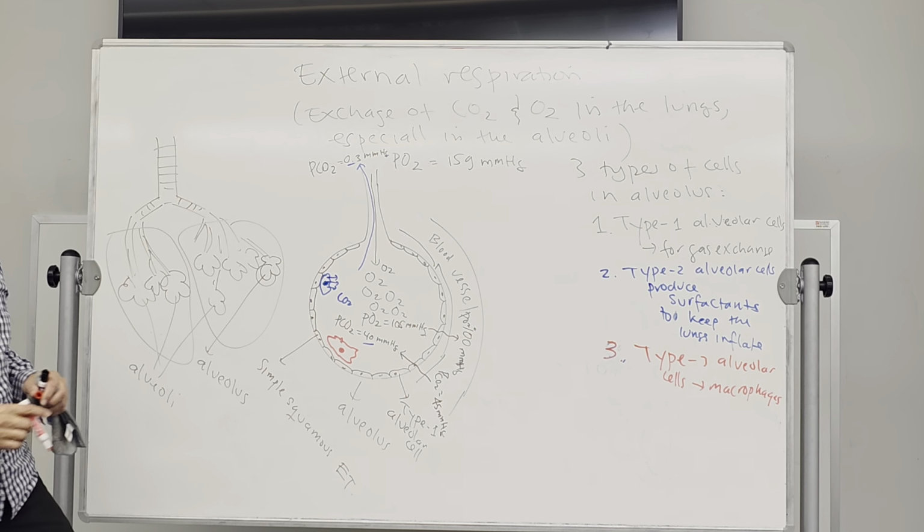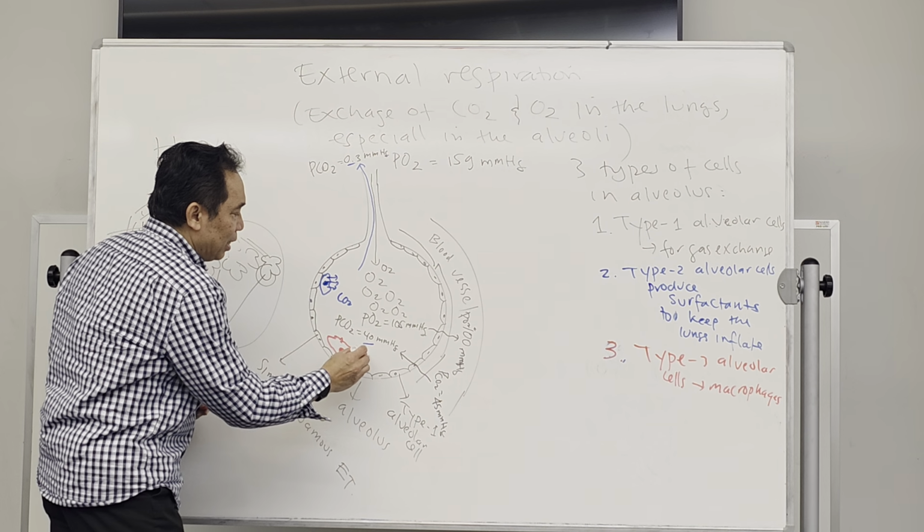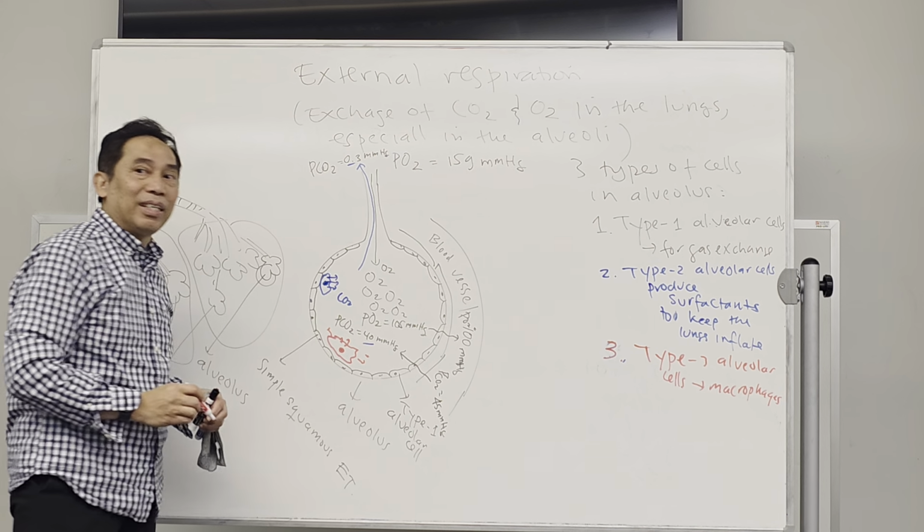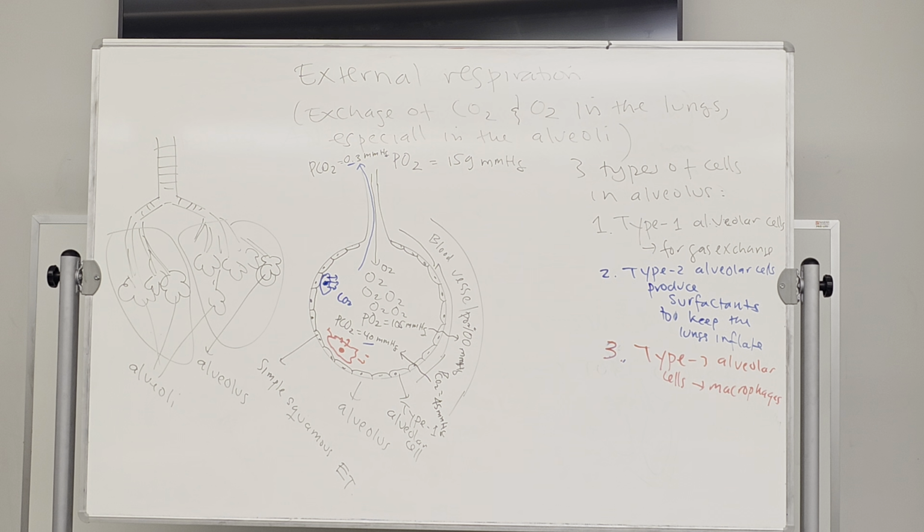And this is the one that kind of cleans the lungs. They can remove the debris, they can kill maybe the bacteria that enter into the lung. Yeah, this is the type 3 alveolar cell. Sometimes it's also known as the dust cell because it's kind of removing the dust from the alveolus.